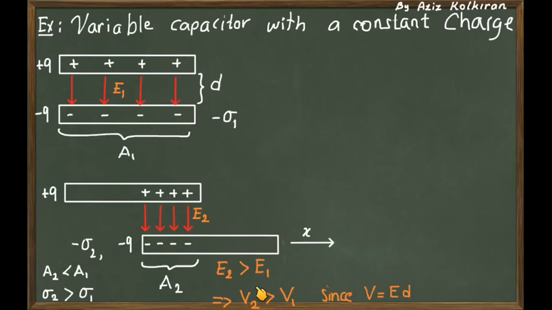So V2 is larger than V1, because the potential difference is proportional to the electric field strength.